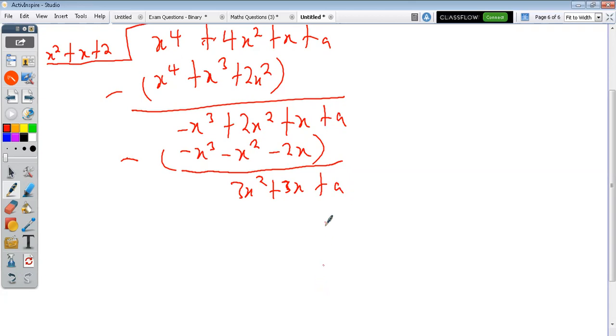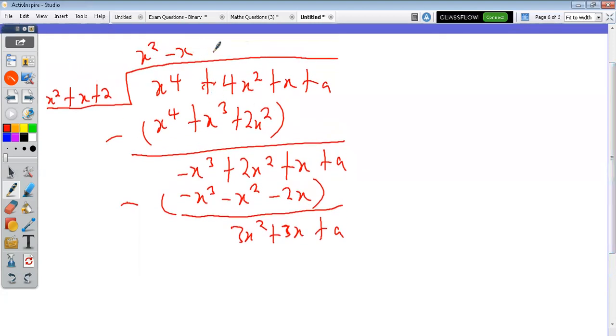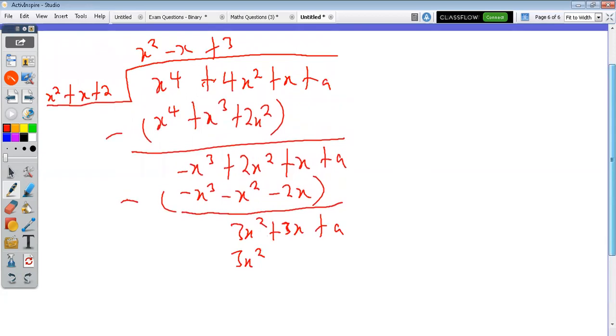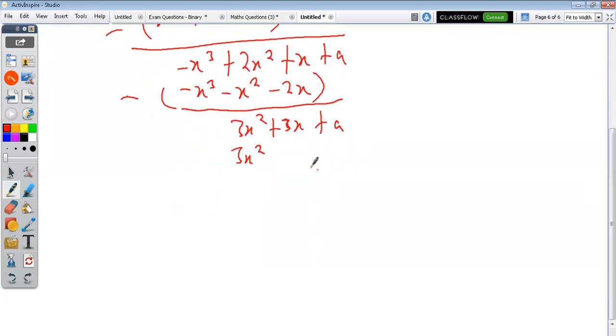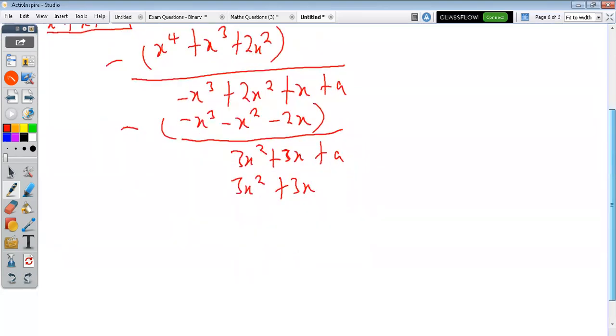As it is, happy. Then we now say x into that is plus 3. Then we multiply, we get 3x squared. We're multiplying by 3, sorry. If you multiply by 3, plus 3x, I'm sure you see what's happening. Then if you multiply by 3, you get what? Plus 6.